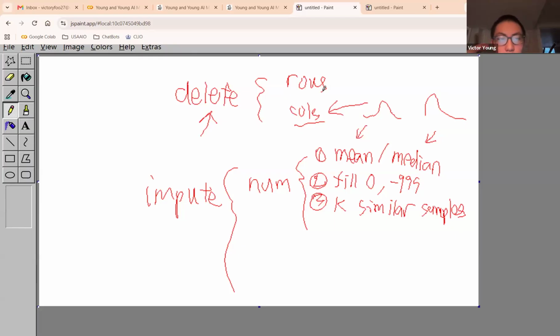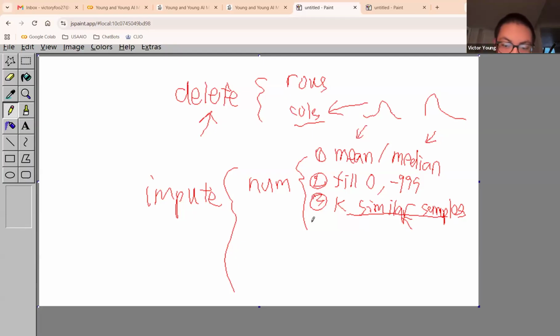So what do we do? We just average their land areas, and that's my land area. And how do we find similar? Well, you can do many definitions, for example, the values are close or whatever. So just find the k similar samples. What is their land area? And if my land area is missing, then I'm going to be their mean land area.